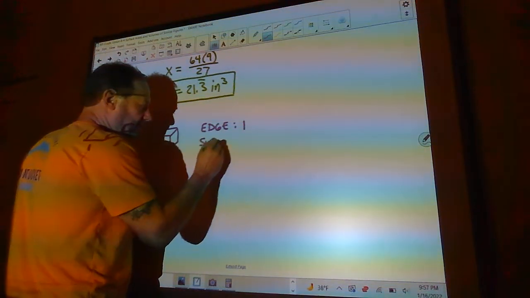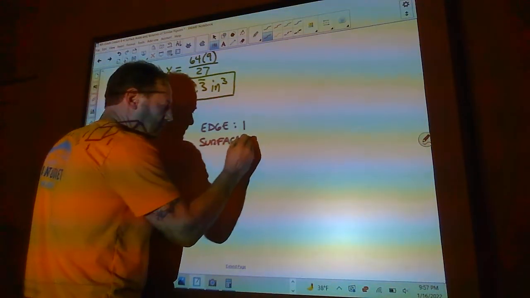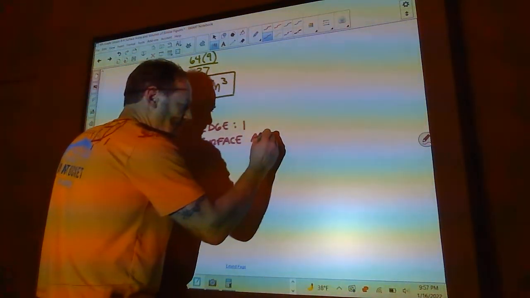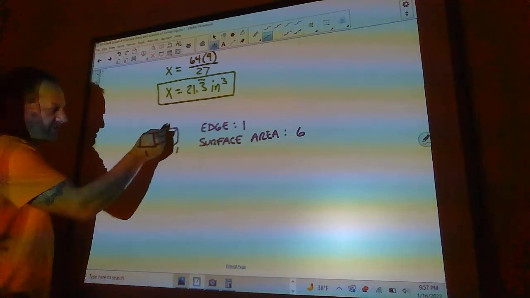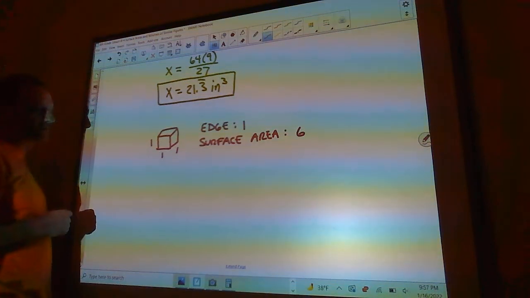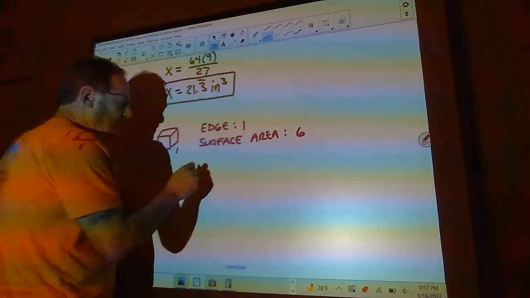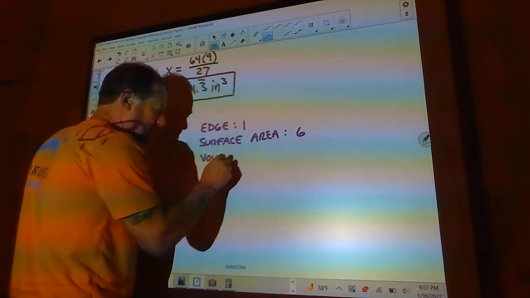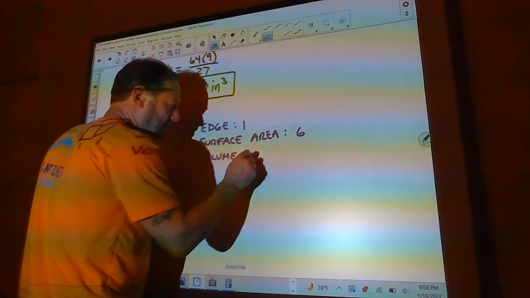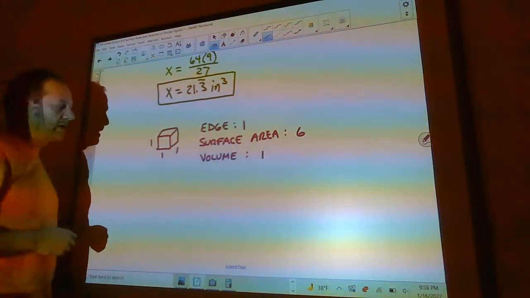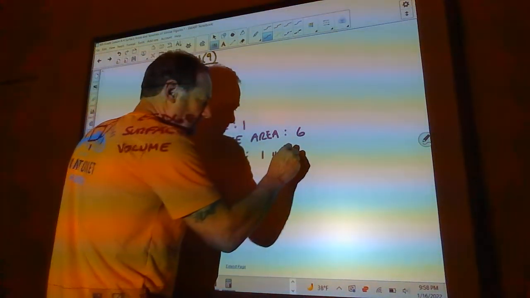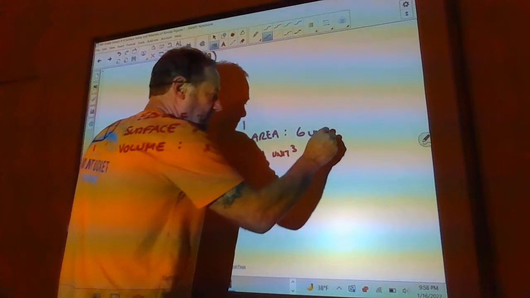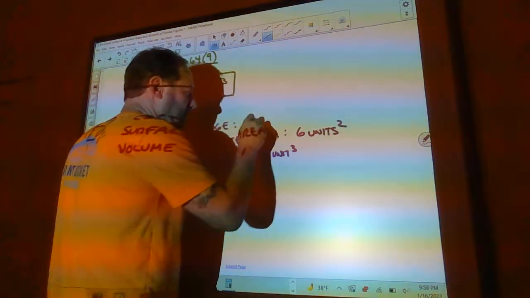Its surface area is 6, because it's 1 and there's 6 faces on this thing, so 1 times 6. Okay, its volume is just 1. Okay? 1 cubic unit. This is 6 square units, and this is 1 unit.